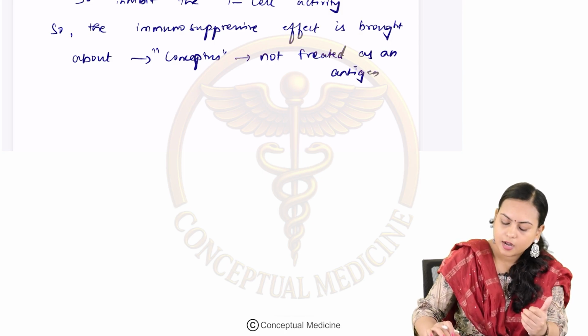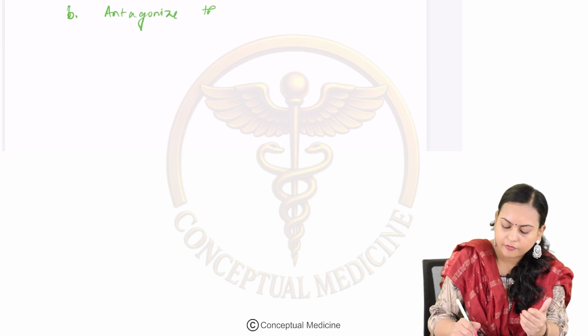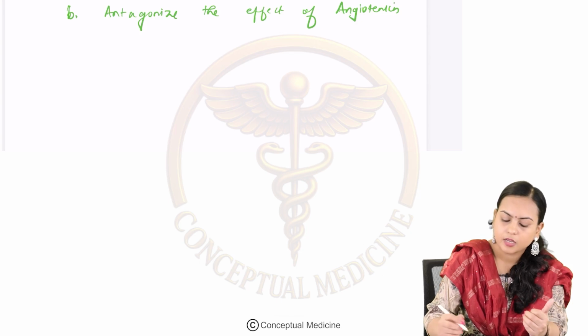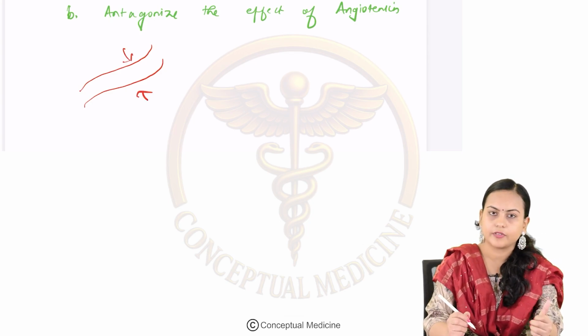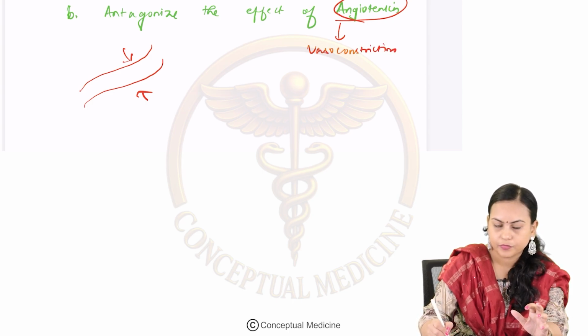And next important thing is, this is also going to antagonize the effect of angiotensin. Basically from the name itself you would have got that angiotensin hormone is going to constrict the blood vessels, so it produces vasoconstriction.